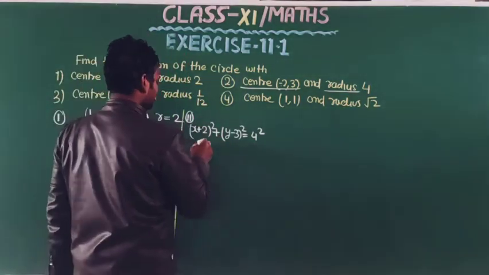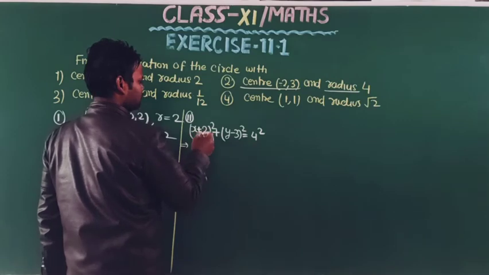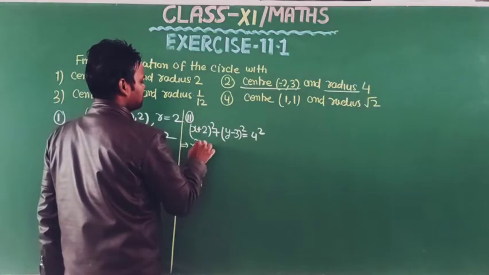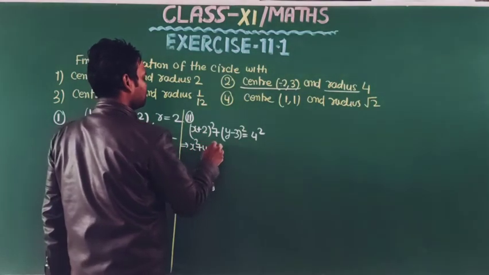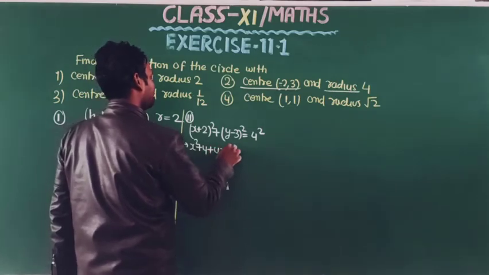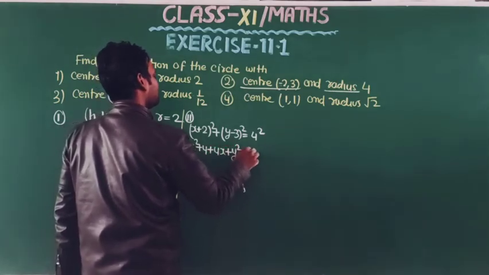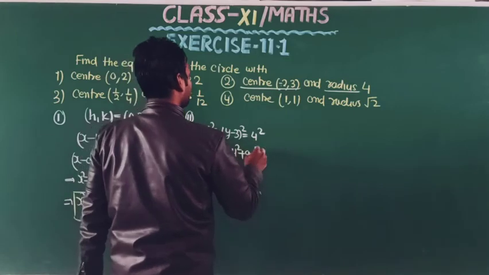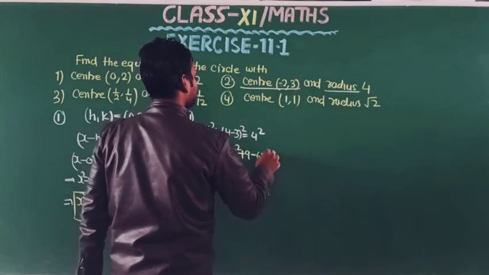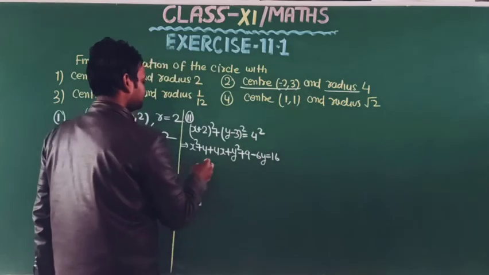Now expanding. So this will be x square plus 4 plus 4x plus y square plus 9 minus 6y equal to 16.